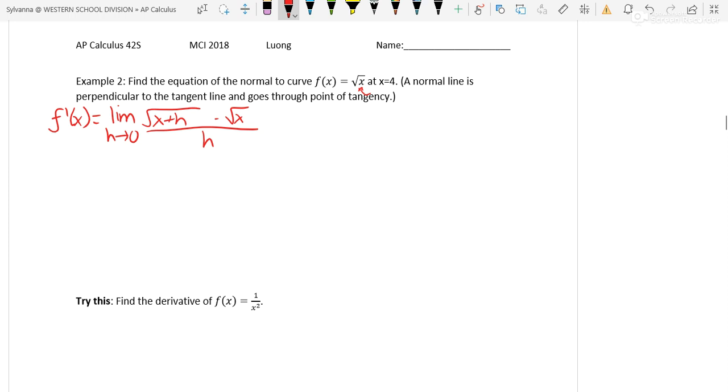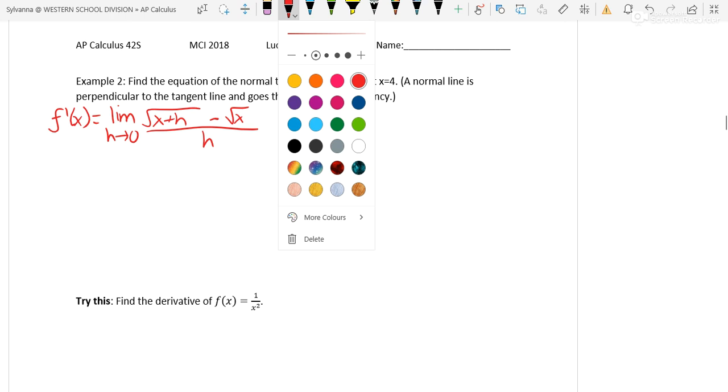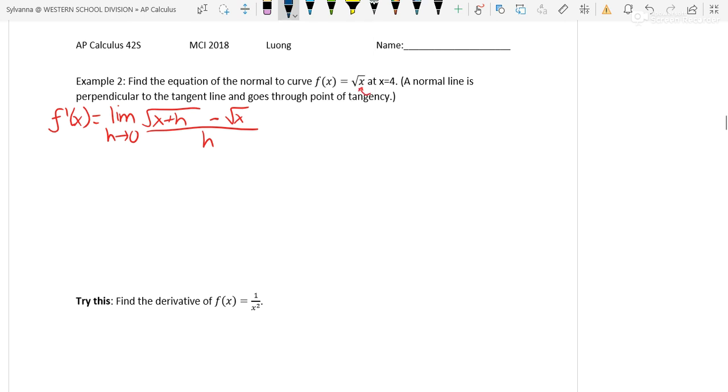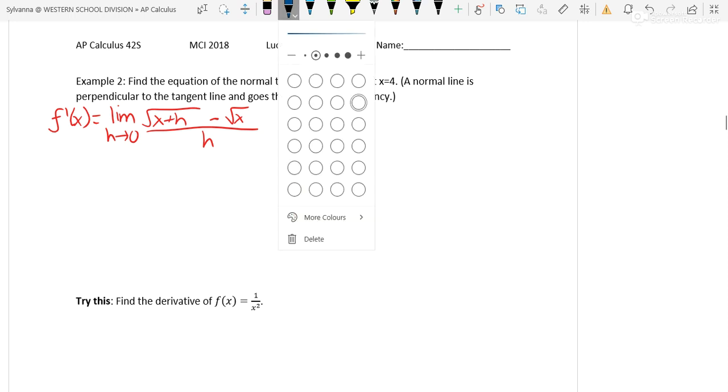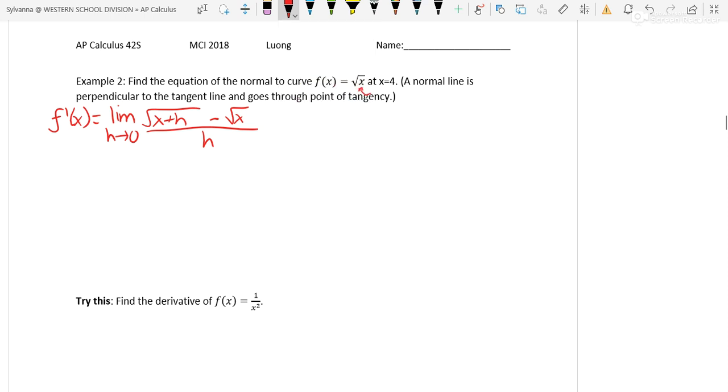Now you have to think about the last unit, when we're solving for limits. We have a root sign, and generally when we have a root sign, we probably want to multiply by its conjugate. But before we do that, actually, we can probably make our lives a little bit easier.